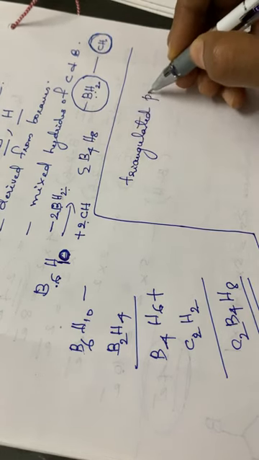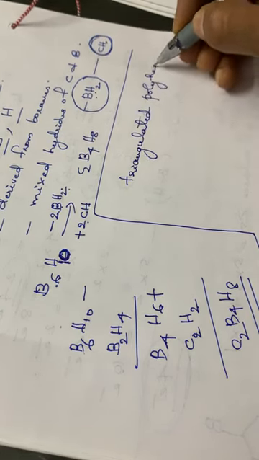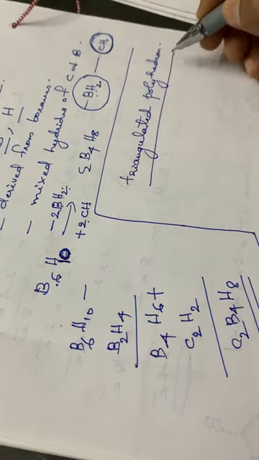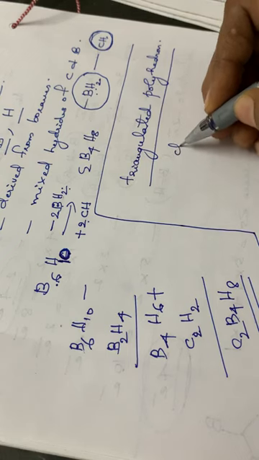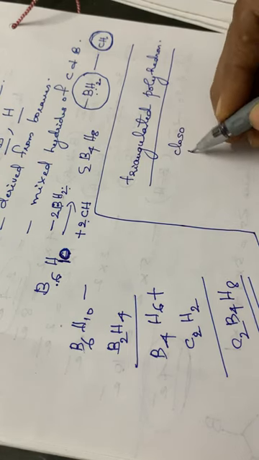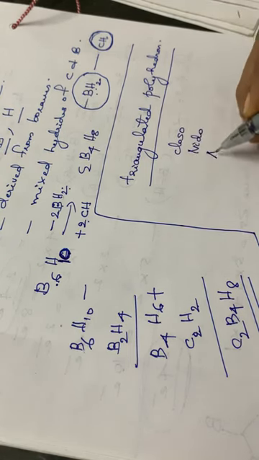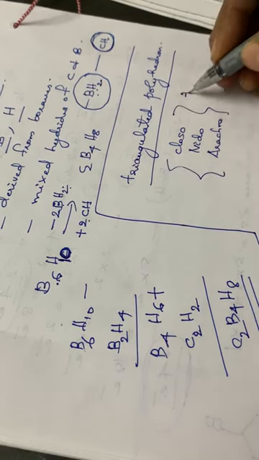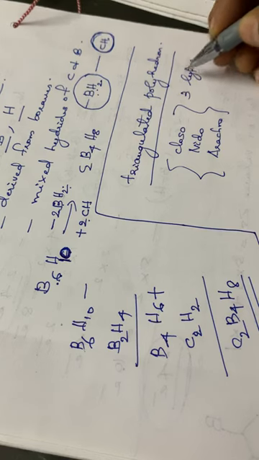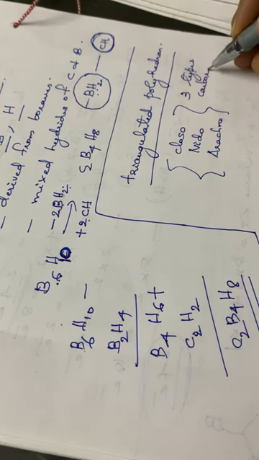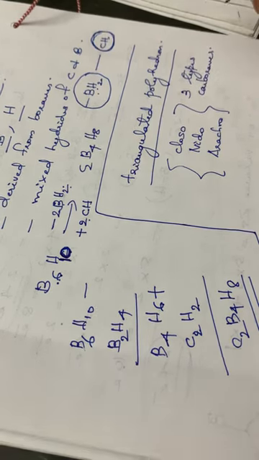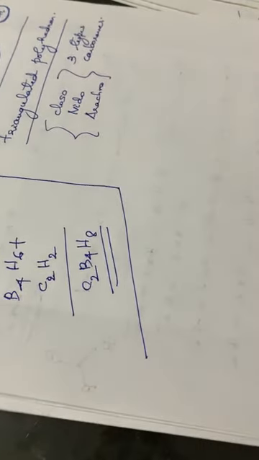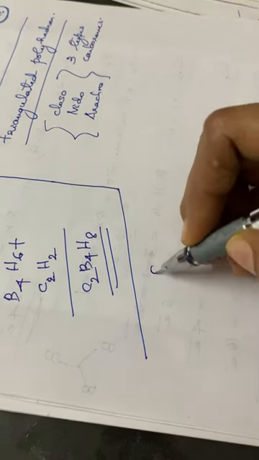In the case of carboranes also, there are 3 classifications: closocarborane, nidocarborane and arachnocarborane. Just like the boranes, 3 types of carboranes are there.